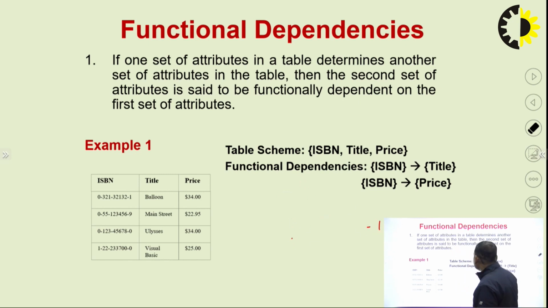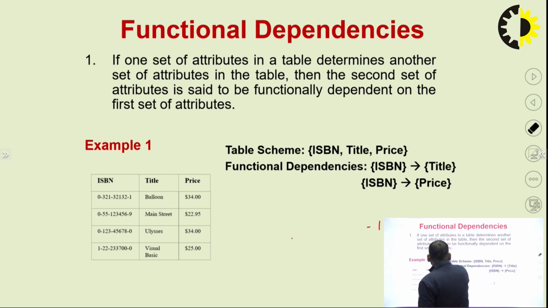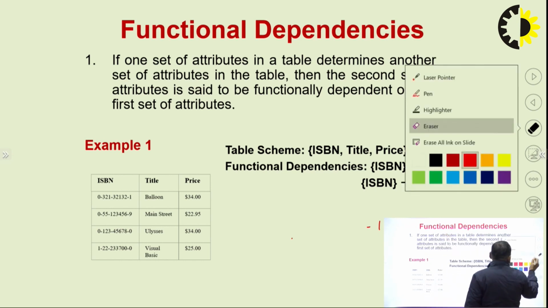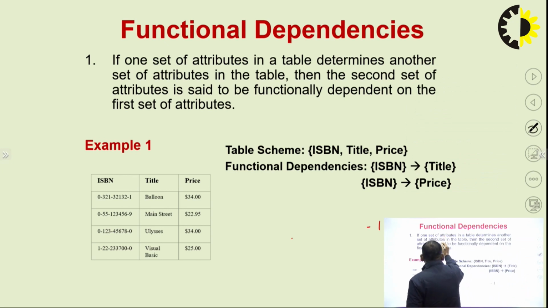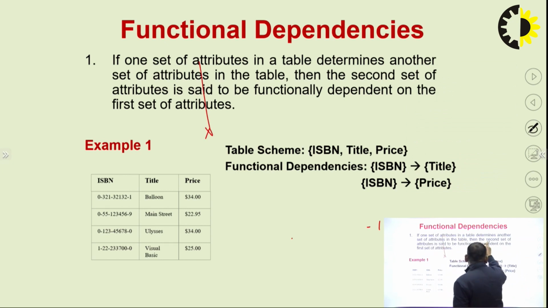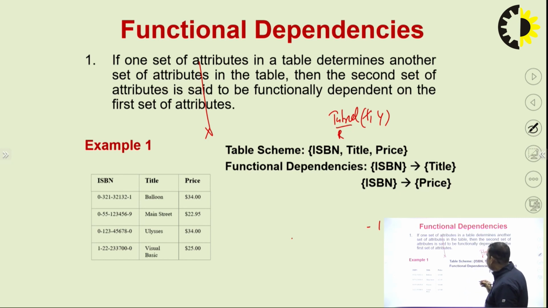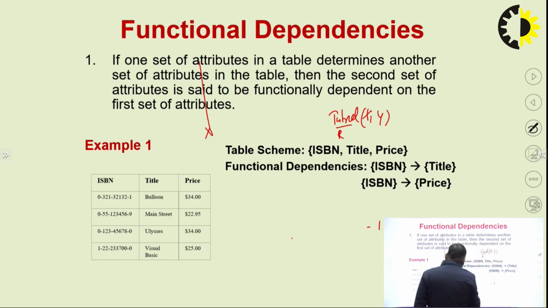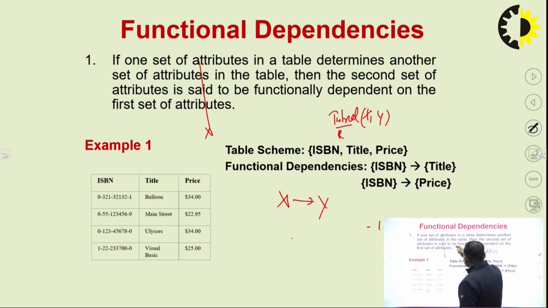One set of attributes, for example X in any table, determines the other set of attributes, Y, in the table.